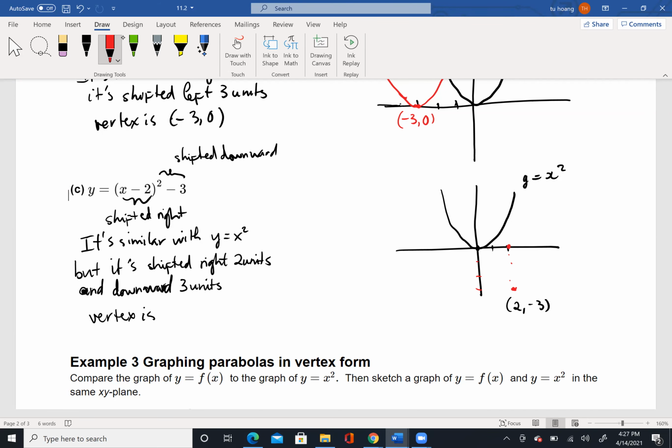And the graph will look like this. There you go. That is y equal to (x minus 2) squared minus 3. See that? So this is a rough graph for you guys using the translation way.